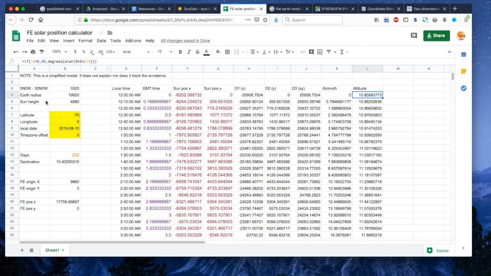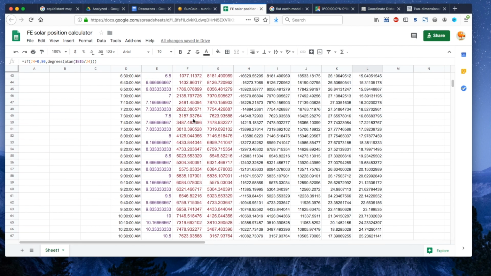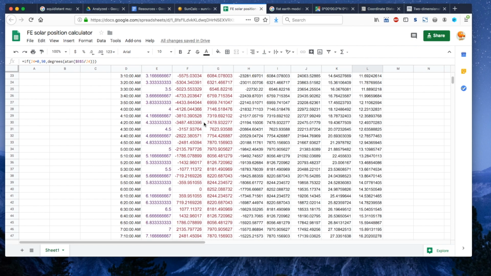And in the case where the distance between the observer and the sun is exactly 0, in other words, if the sun is directly overhead, then the altitude will be 90 degrees. So those are the formulas that I have to calculate the sun's position for 24 hours.